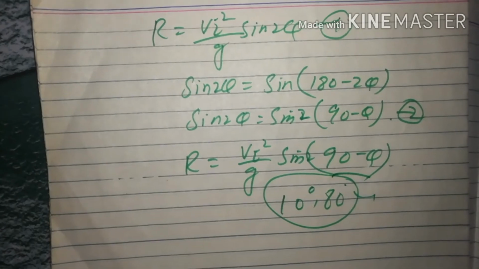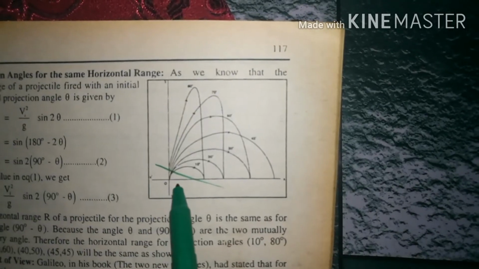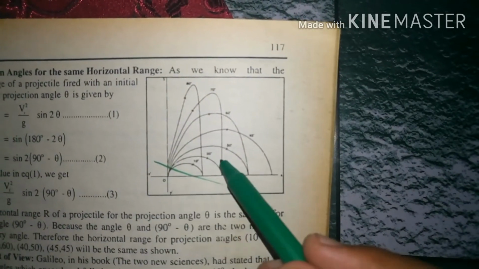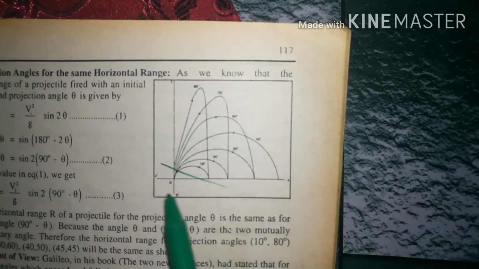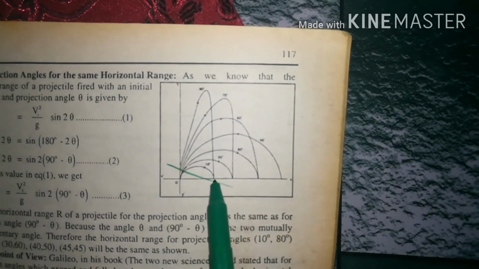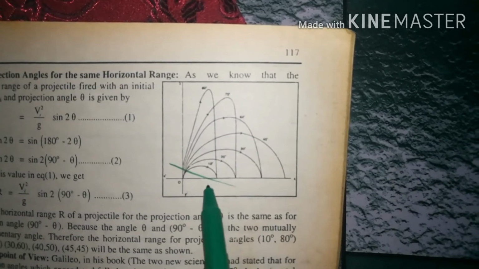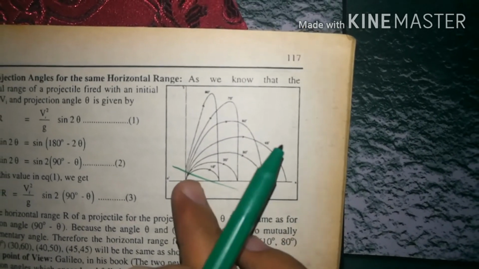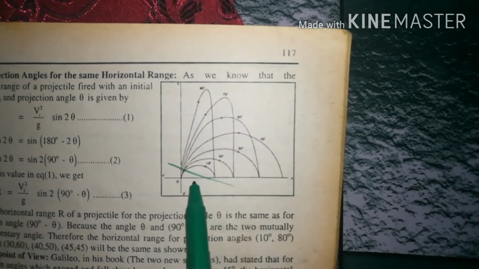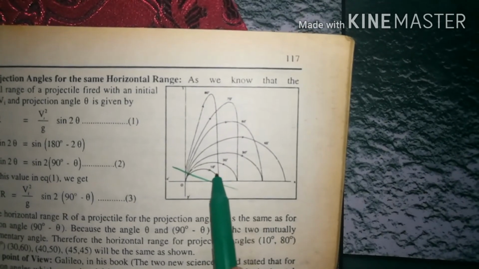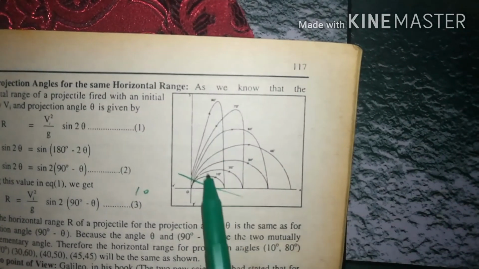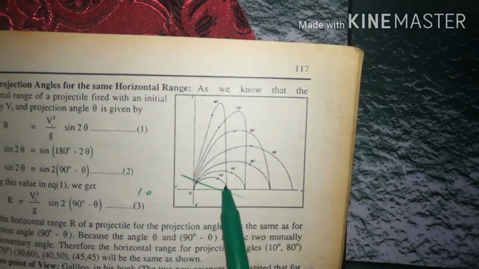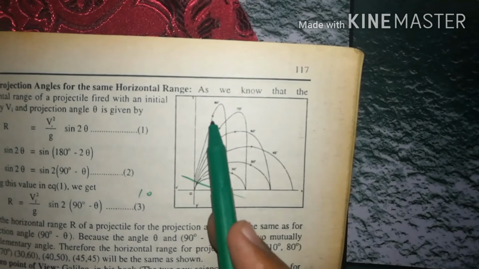Okay, here from the figure it is the projectile motion of a projectile. Now we have to calculate the range at different angles, at angle 10 and angle 80. It is the angle 10 and it is the angle 80.